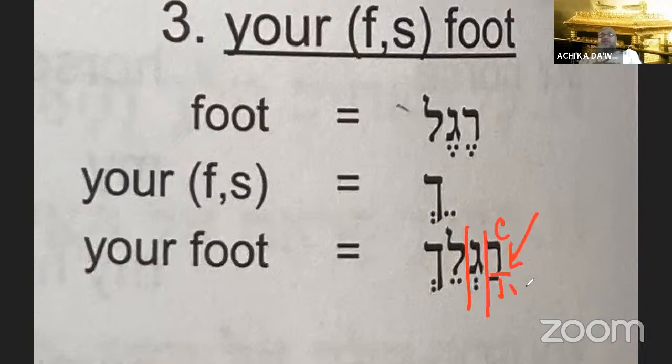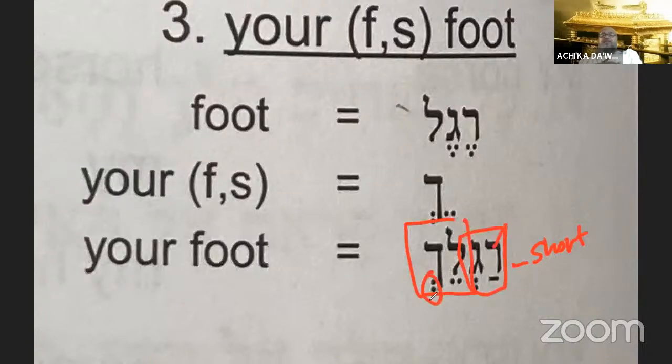So that's a consonant, that's a vowel. If it's a long vowel, I have to say it long. Ragalake, ragalake. But that's not what it is. It's roglake because it's a short ah sound. So it's rog, roglake. I don't sound this. I don't sound that. I just go roglake, roglake.